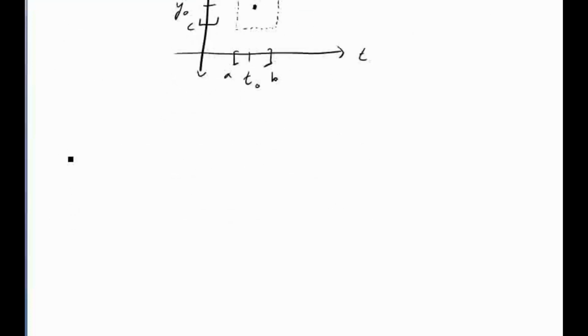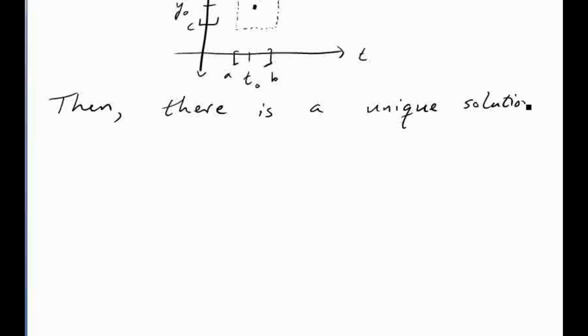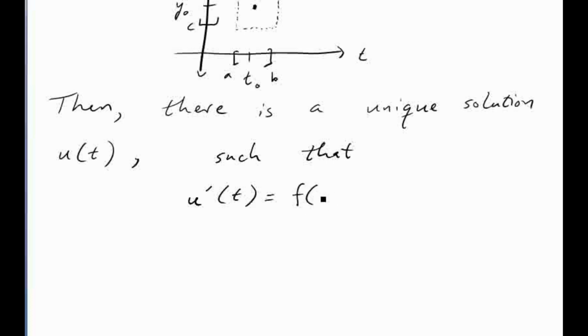So then, if we have all of these pieces, then there is a unique solution which we'll call u of t such that u prime of t is equal to f of t and y.